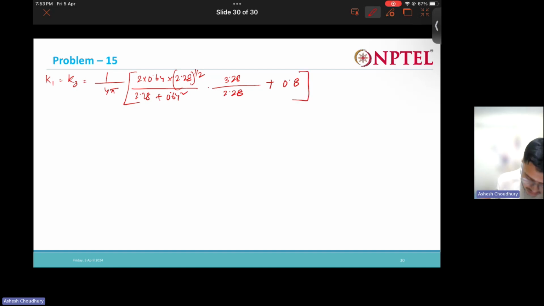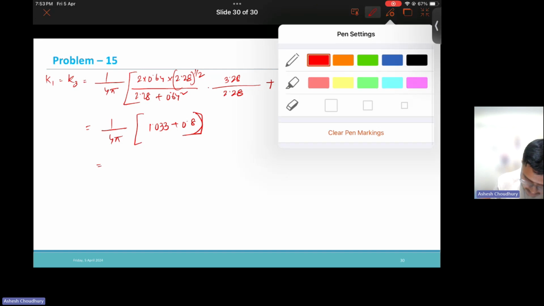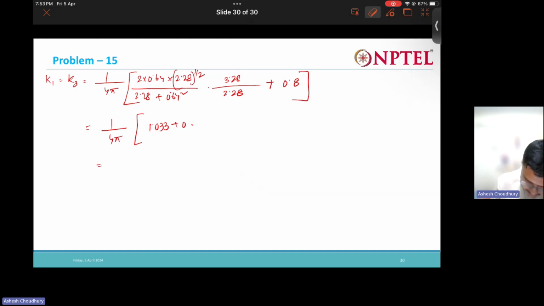So if you do this, it will come out as 1.4 pi. Okay. So after that, similarly you have to do for K2 and K4.